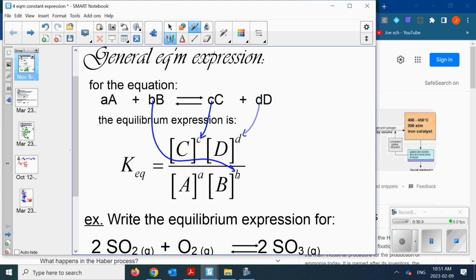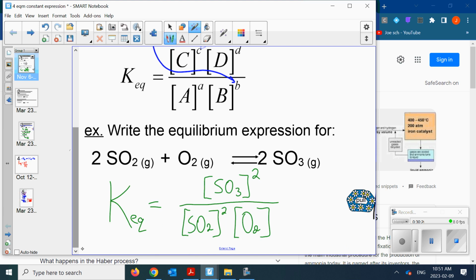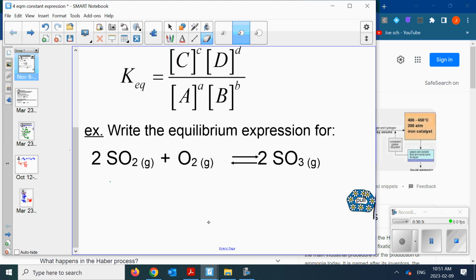So right away, do this one with me on the back sheet of the sheet. This can be your note. Write the equilibrium expression for this reaction. I say expression of the equilibrium.